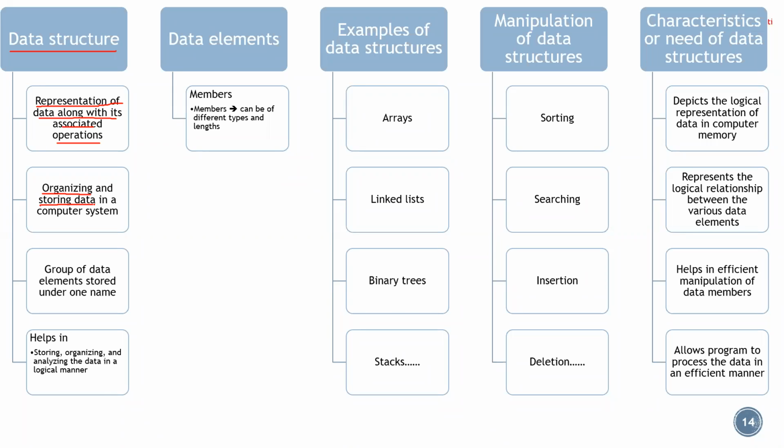If I want to analyze student information, I can store all the information pertaining to the student, and if I declare one structure, the members present in that structure will help me identify what all parameters are used for identifying the student details. So you will be able to organize them and store that information.